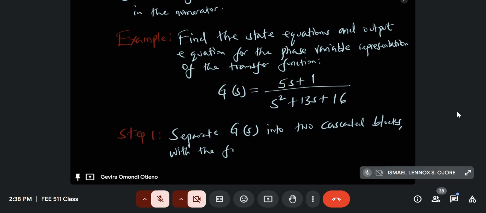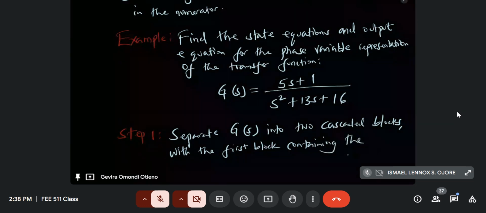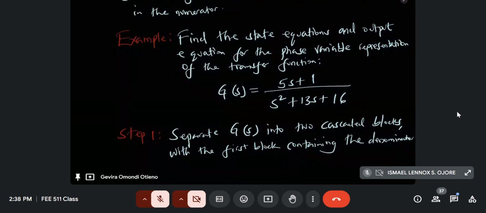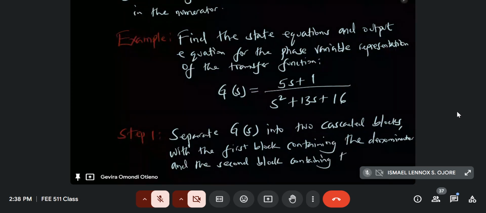The order is very important, with the first block containing the denominator, and the second block containing the numerator. That order is critical because if you don't do it in that order, you will never get the question correct.